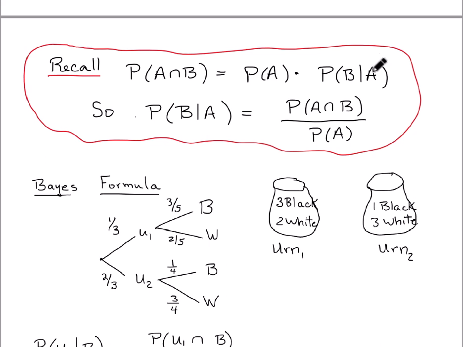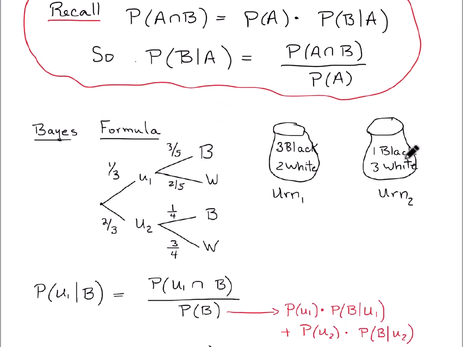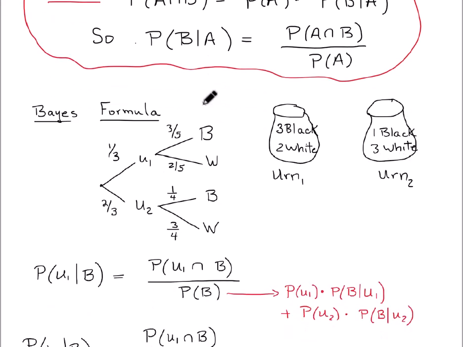Now, we could solve this formula by dividing everything by the probability of A, and so I get something that looks like this.